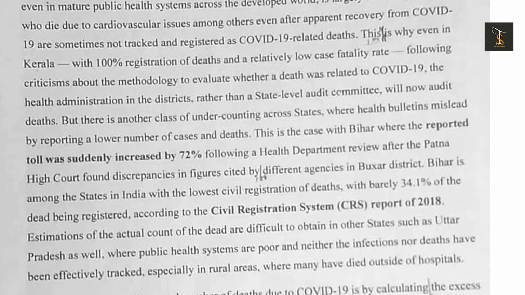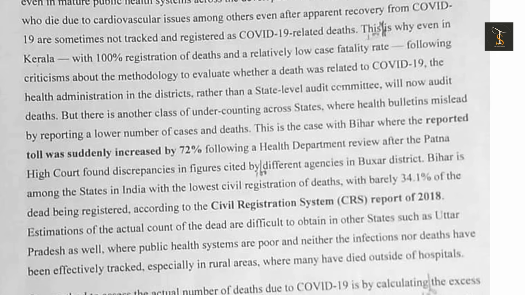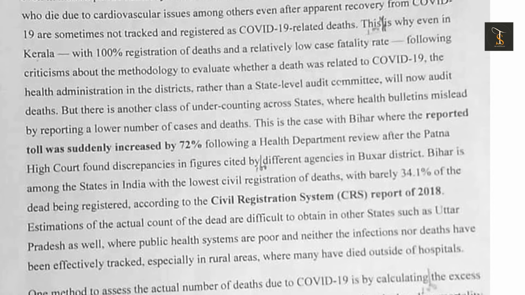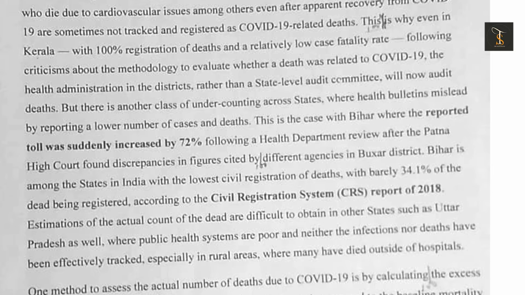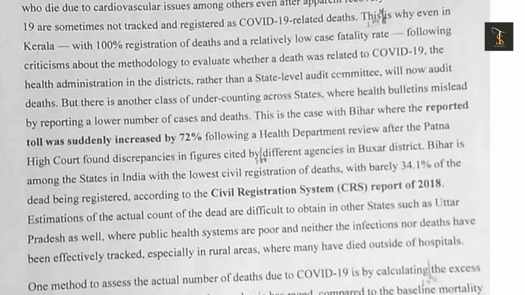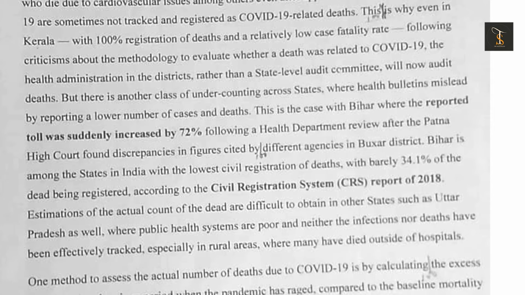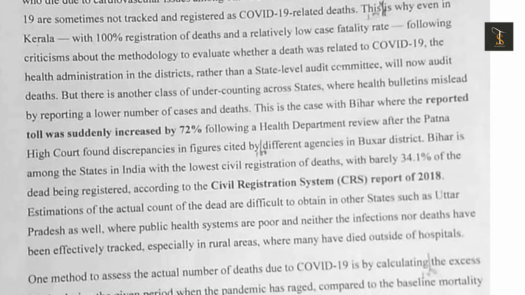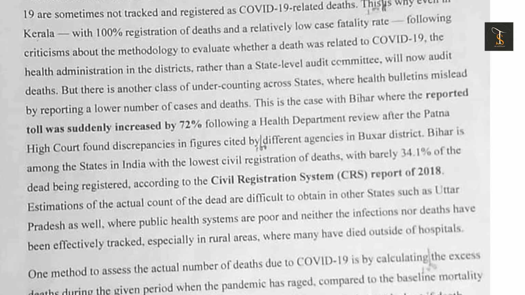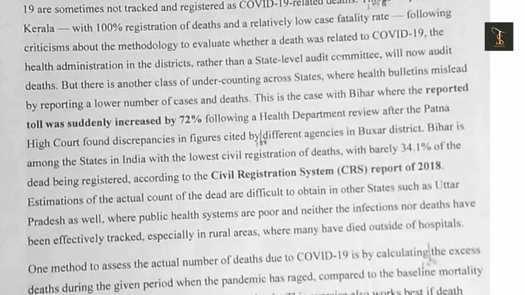This is why, even in Kerala, with 100% registrations of deaths and a relatively low case fatality rate, following criticism about the methodology to evaluate whether a death was related to COVID-19, the health administration in the districts, rather than a state-level audit committee, will now audit deaths.